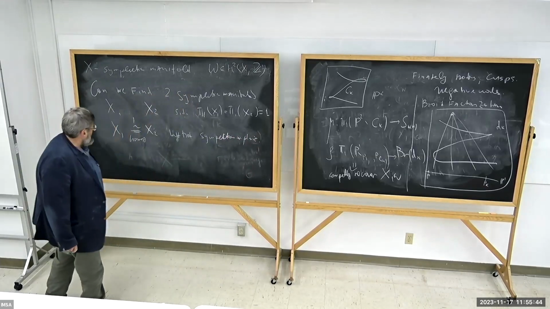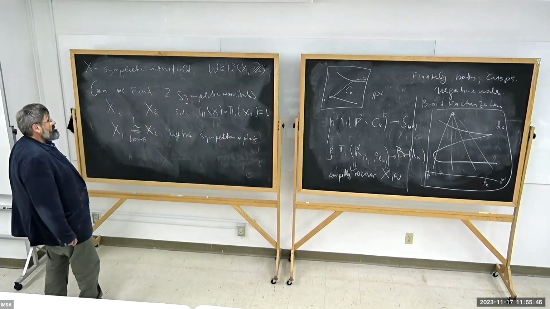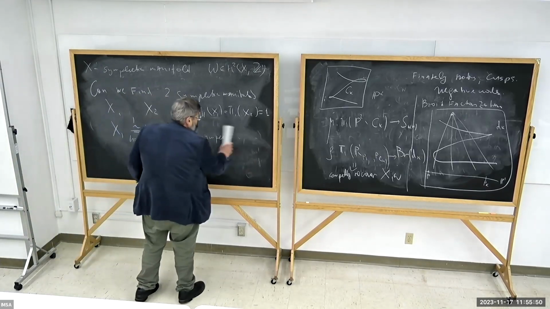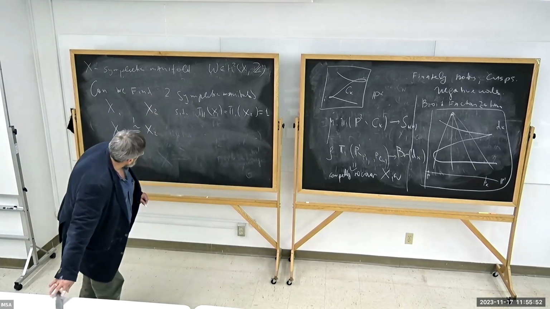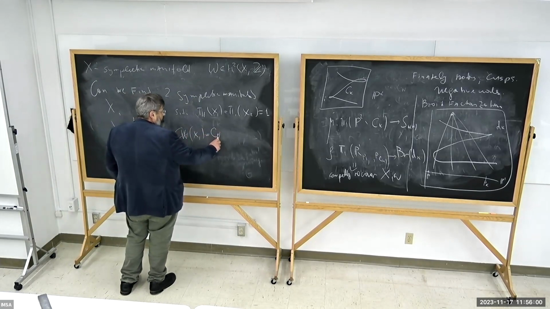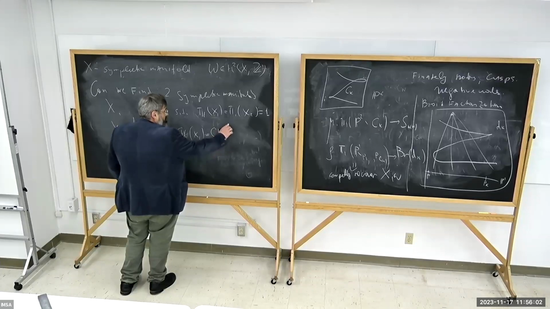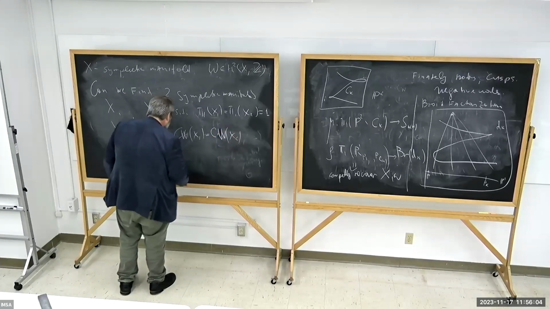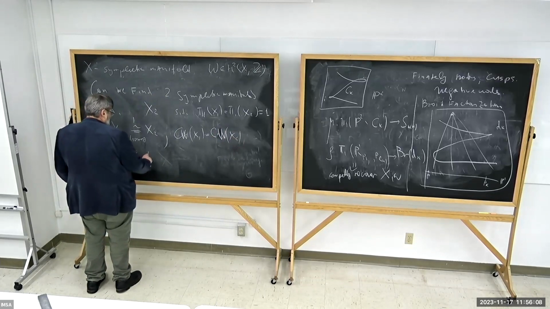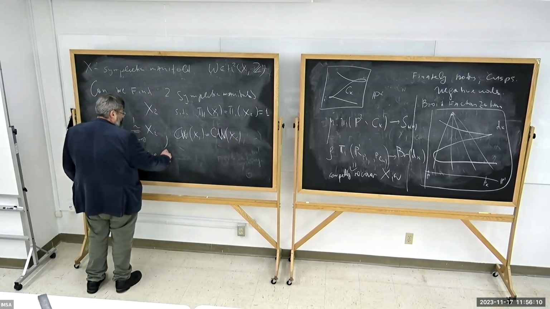Sorry, I apologize, I said something wrong. You have the same Gromov-Witten invariants, but are not symplectomorphic.